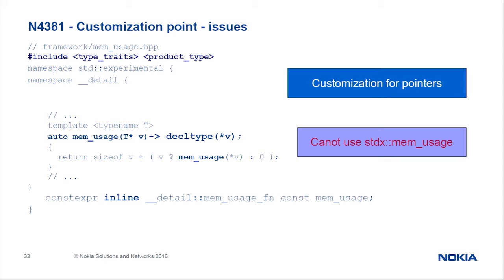Otherwise, we add 0. That means that in order to define mem usage for a pointer, we need to have the mem usage for the pointee.